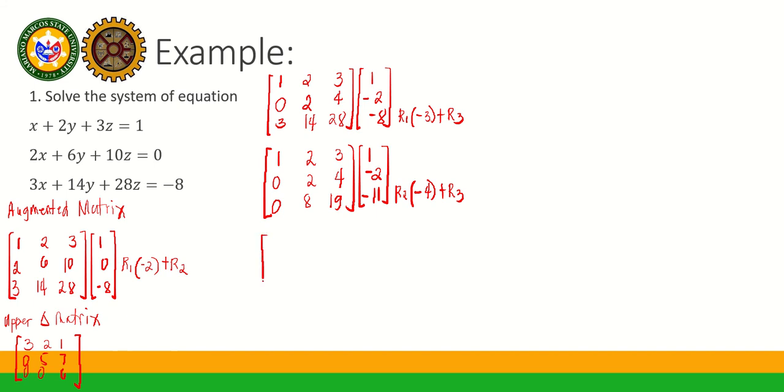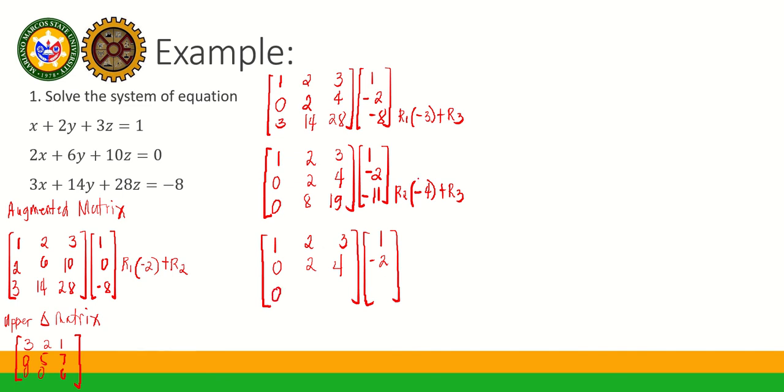So, our new matrix will look like, okay, kopyahin natin si first row and si second row. That is 0, 2, 4, and negative 2. So, yung row 2 natin is 0 times negative 4, that is equal to 0 plus 0. This is equal to 0.